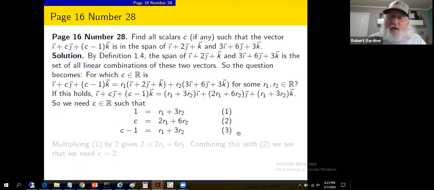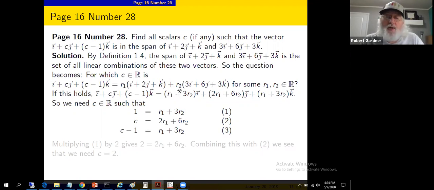It generates three equations, and we need to find values of C that make this true for some R1 and R2. That's the question: find scalar C such that this vector is in the span of these two vectors. That is, this vector is a linear combination of those two.